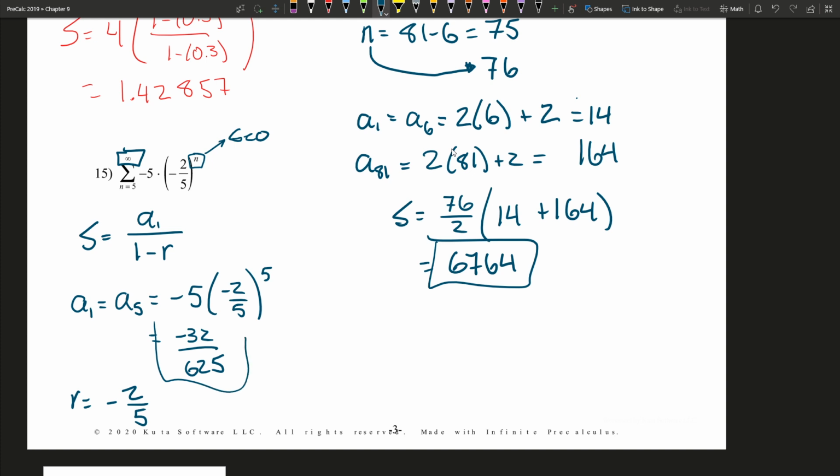So then we plug both of these into a calculator, into this equation, and get an answer. So S is equal to negative 32 over 625 divided by 1 minus your common ratio, which is negative 2/5.